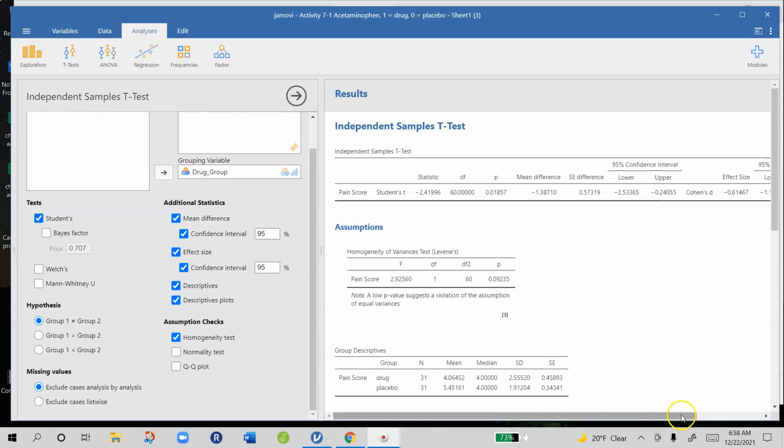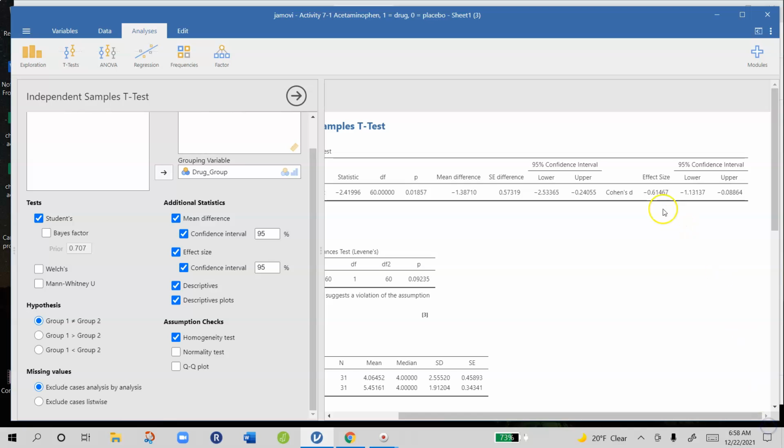If I look at Cohen's d, I have an effect size of negative 0.61, which is a medium to large effect. Okay. Note that we're ignoring the negative sign. Negative doesn't tell us anything about the size of the effect, it just tells us about the direction of the effect. And we know from the means that the social pain scores were lower in the acetaminophen drug group than in the placebo group.